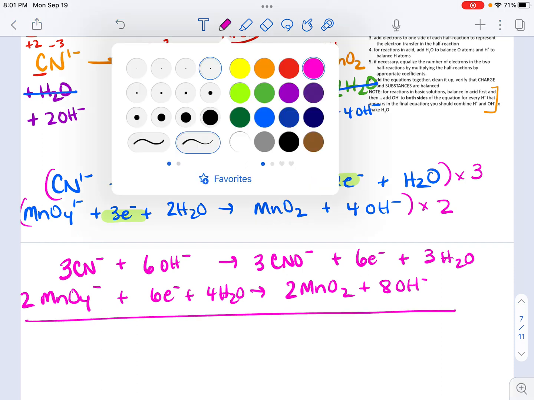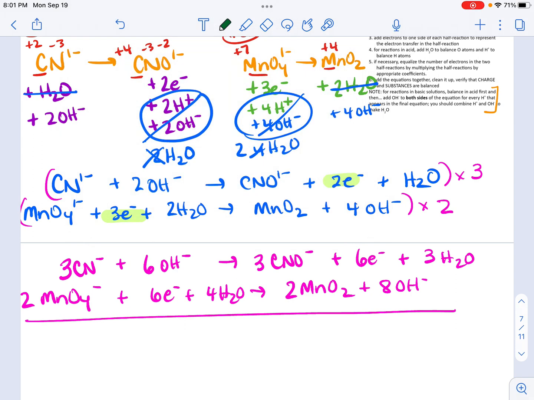I have stuff everywhere that's in common. So notice that I have 6 hydroxides on the left and 8 on the right. I'm going to get rid of those and make that 2. I have 6 electrons. Those guys can go away. I have 3 water on the right and 4 on the left. So the 3 go away, leaving me with 1. And I'm ready to add those together.